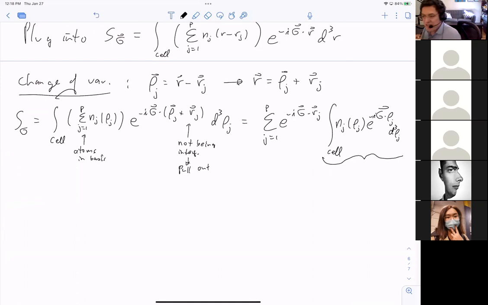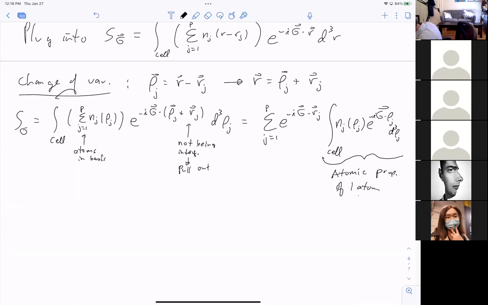And this is actually a very beautiful result, because this is just a property of the individual atom. This is an atomic property. It's an integral over the electron density of the atom, an atomic property of one atom.